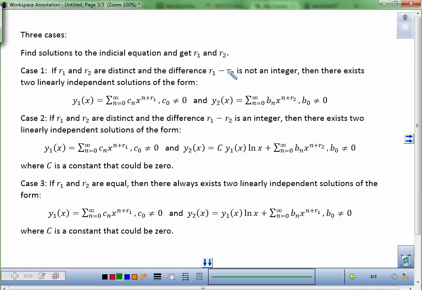Okay, so if the difference between these two distinct roots is not an integer, then you're going to have two linearly independent solutions. One of them looks like this, with one of the roots, and the other one is going to look pretty much like it, except you'll have the different r for your other root.